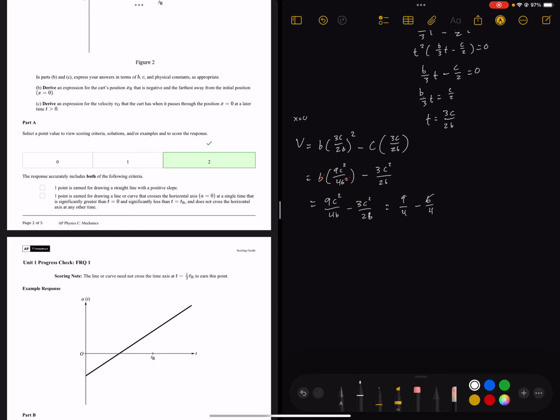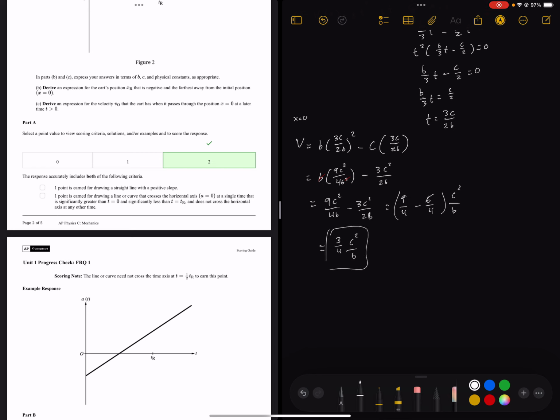Now it's a 6, not a b. And then all that times the c squared over b. I'm making sure that I have common denominators. 9 over 4 minus 6 over 4 is just 3 over 4. So we have this equal to 3 over 4 times c squared over b. And that's my final answer.